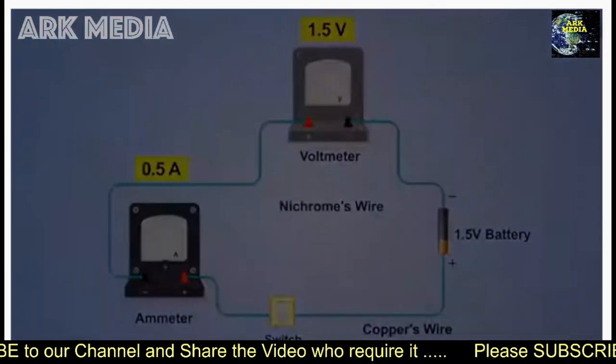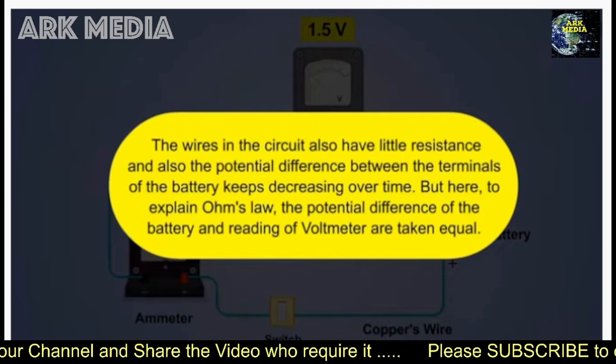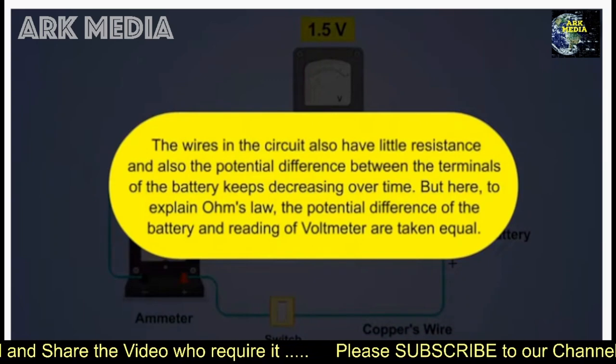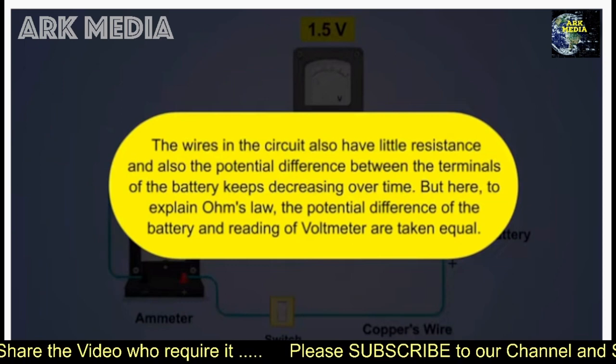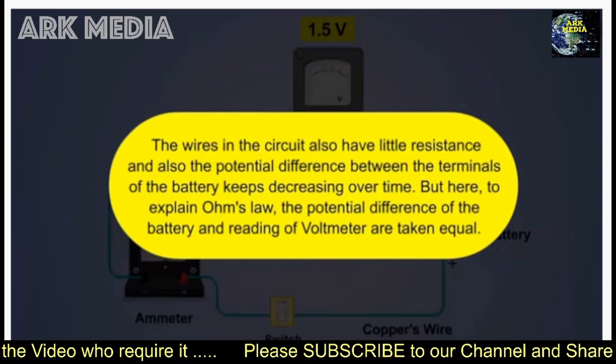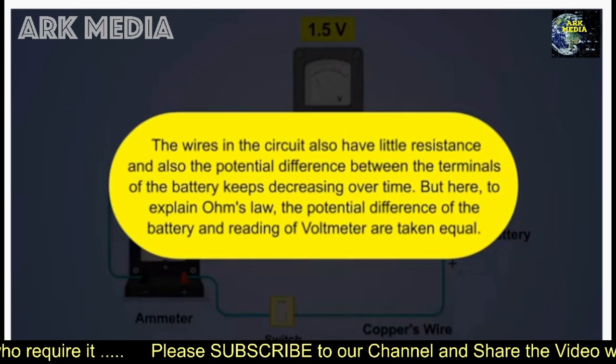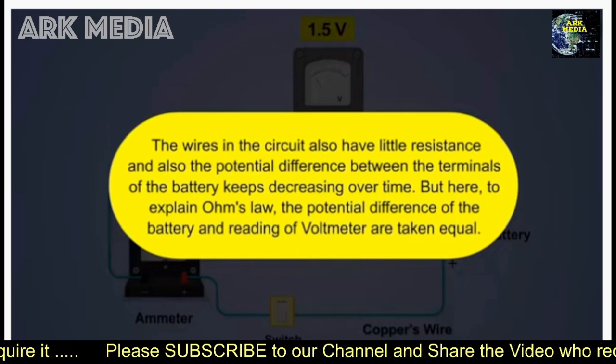One thing to note here is that wires in the circuit also have little resistance, and also the potential difference between the terminals of the battery keeps decreasing over time. But here, to explain Ohm's law, the potential difference of the battery and the reading of the voltmeter are taken equal.